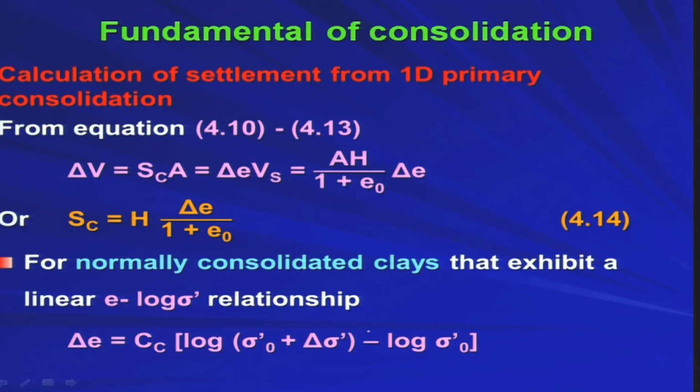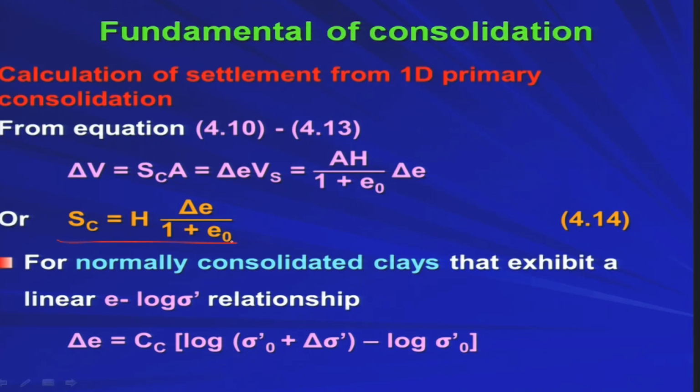So from equations 4.10 to 4.13, what we are getting is delta V equals S C into A, which equals delta e into V S, which equals A H divided by 1 plus e naught into delta e. From this I can write S C, the primary consolidation settlement, as H into delta e by 1 plus e naught.